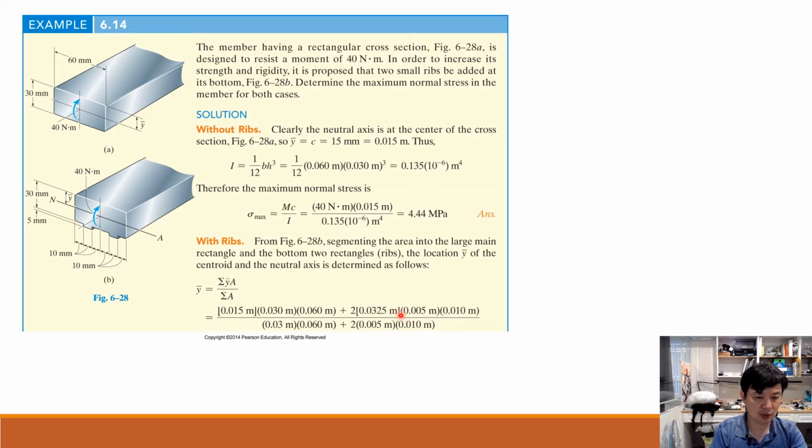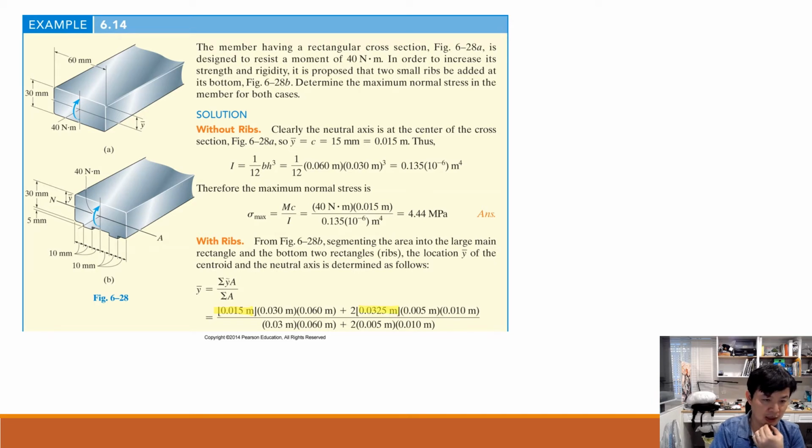Okay, so let's see what we will have. We determine the upper surface. We use this as an original point. This distance is the centroid for the upper part, half of the thickness, and this is for the lower part.